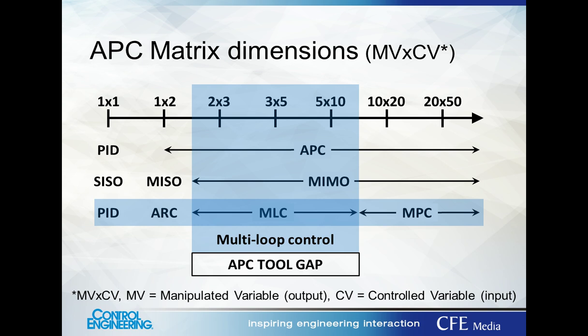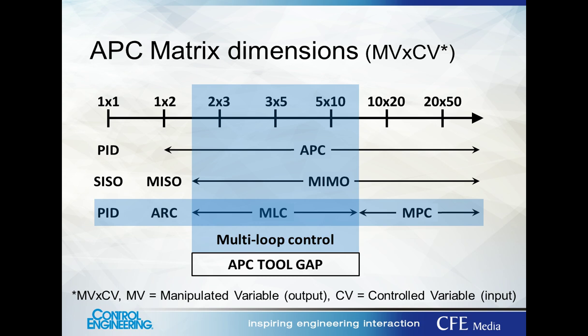Except MLC, or multi-loop control, is used as a technology-independent term for multivariable control, roughly in this matrix size range. MLC also represents an APC tool gap. That is, few tools have yet emerged for APC applications in this matrix size range.